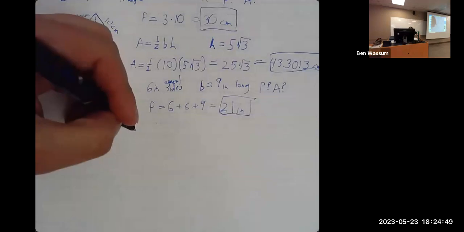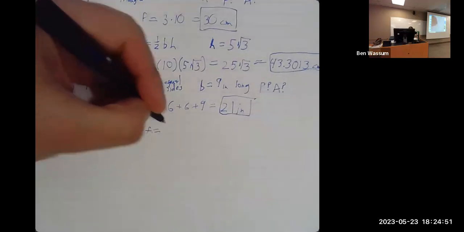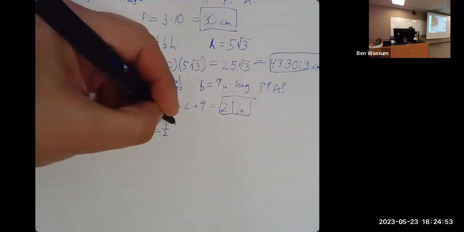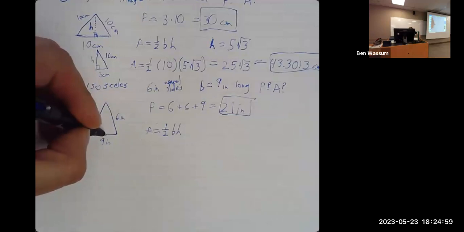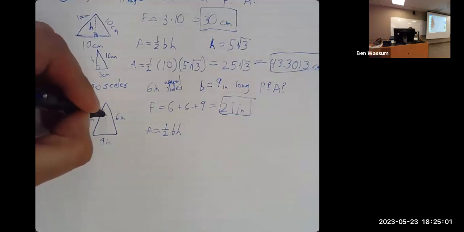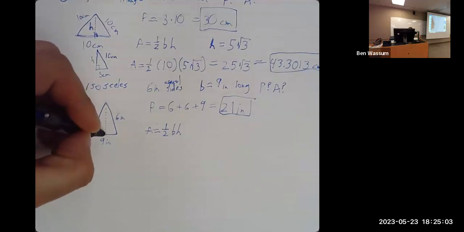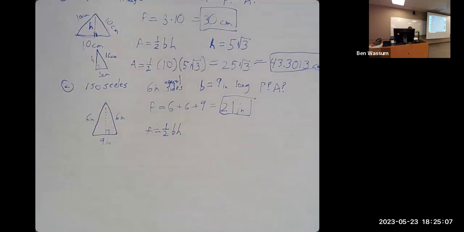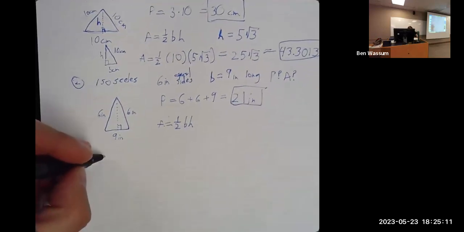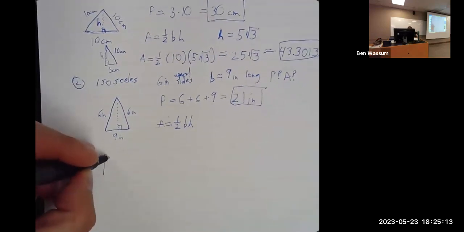Now the area, again, is given by the formula 1/2 the base times the height. But we don't know the height. So what we have to do is make right triangles out of the middle of this. It's going to be slightly better to scale.